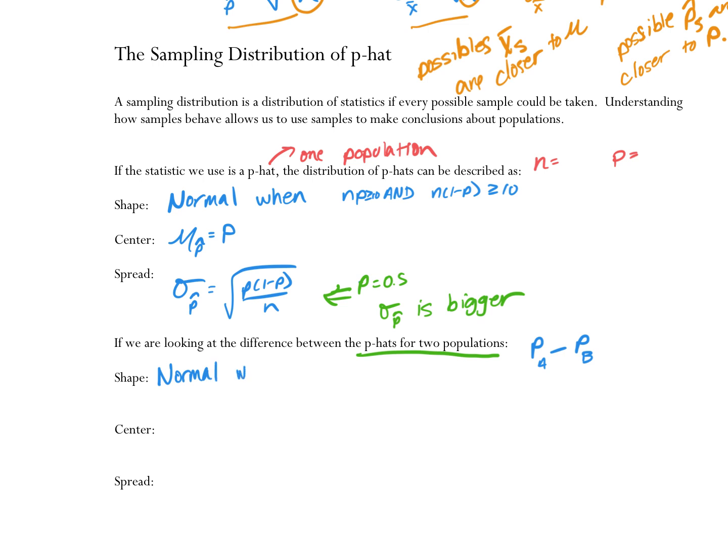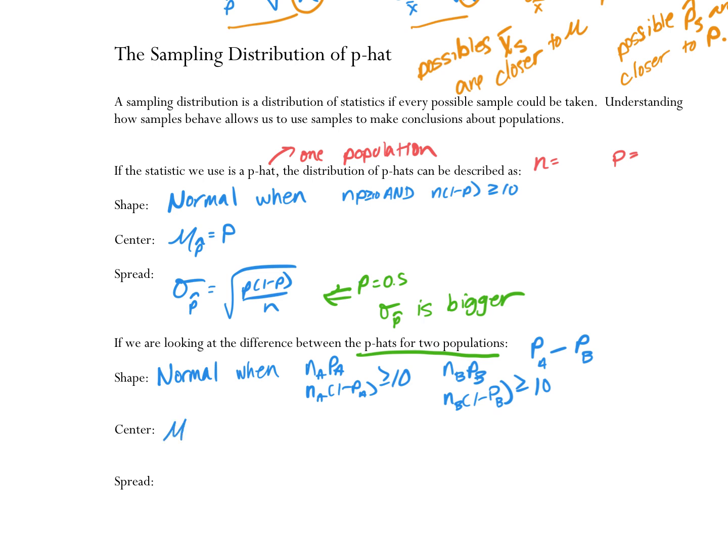That's going to be normal when you're basically doing that np, n(1 minus p) check, and now you have to do it for both p hats that you're taking. It's that same np and n(1 minus p) greater than or equal to 10, and you have to check it for both groups.